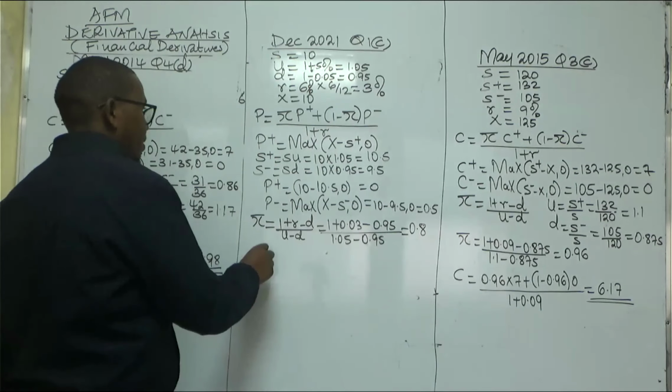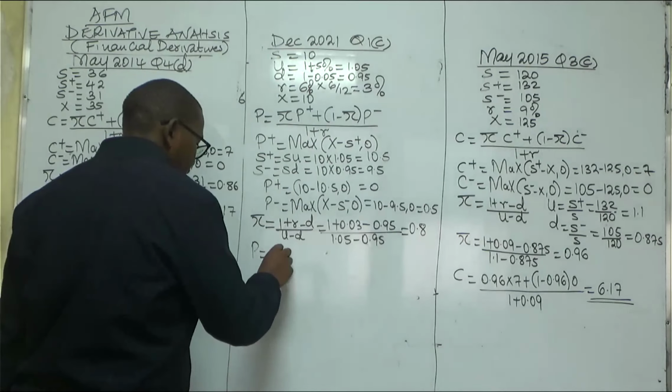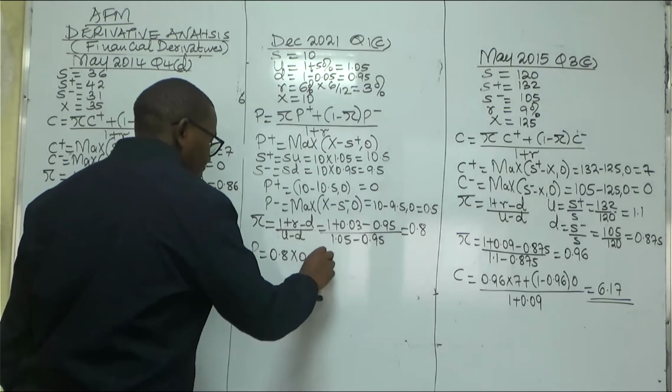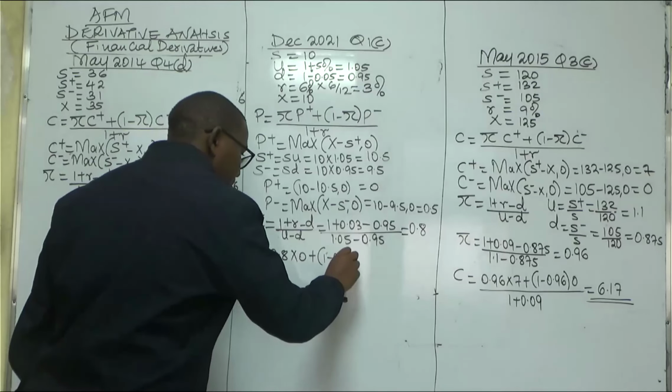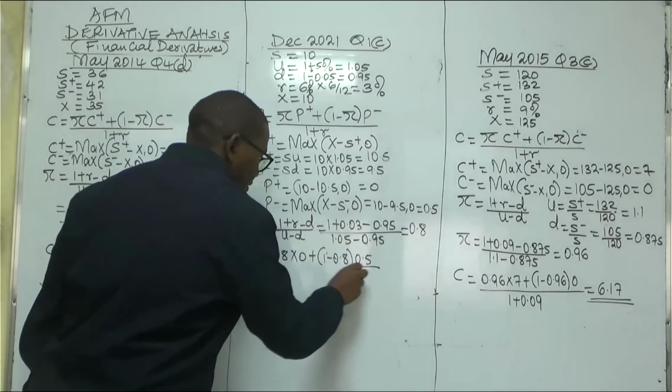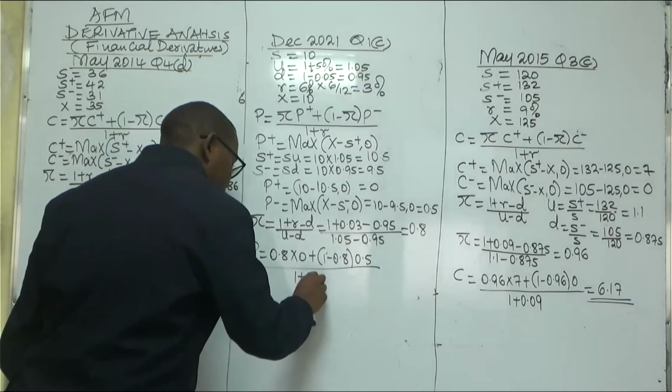So this will be the value of a put. 0.8 you multiply by the price goes up, 0. 1 minus 0.8, price goes down, 0.5. I divide by 1 plus 0.03.